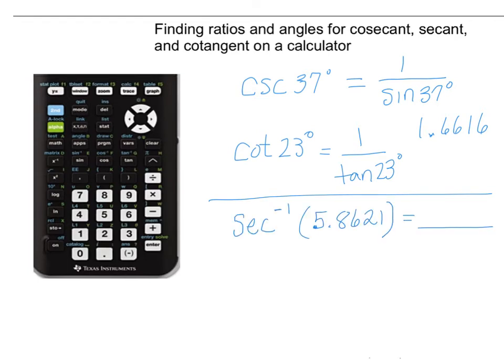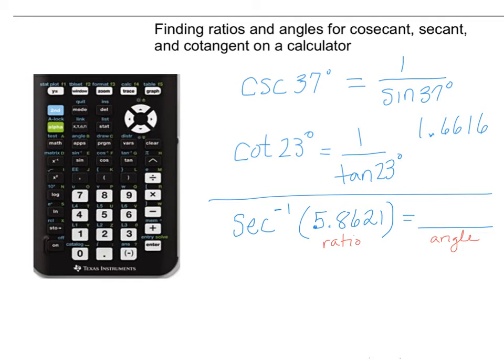So here is a problem. I want to find the inverse secant of the ratio 5.8621, right? So this is a ratio, and what I want is the angle that the right triangle makes with that ratio. So what we did above is we would just do 1 over cosine.